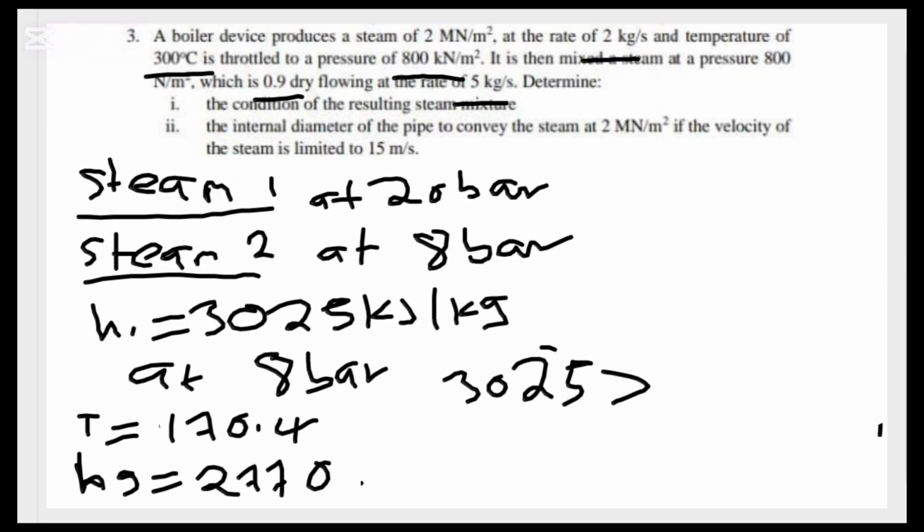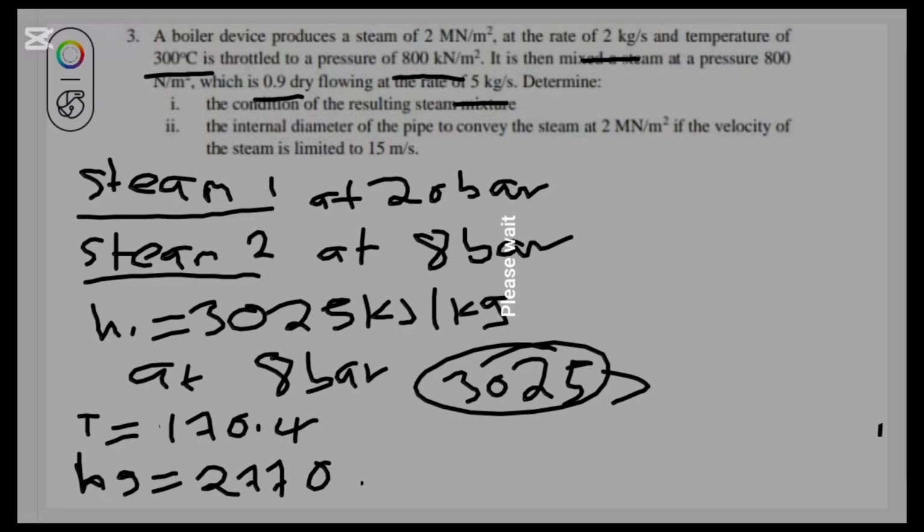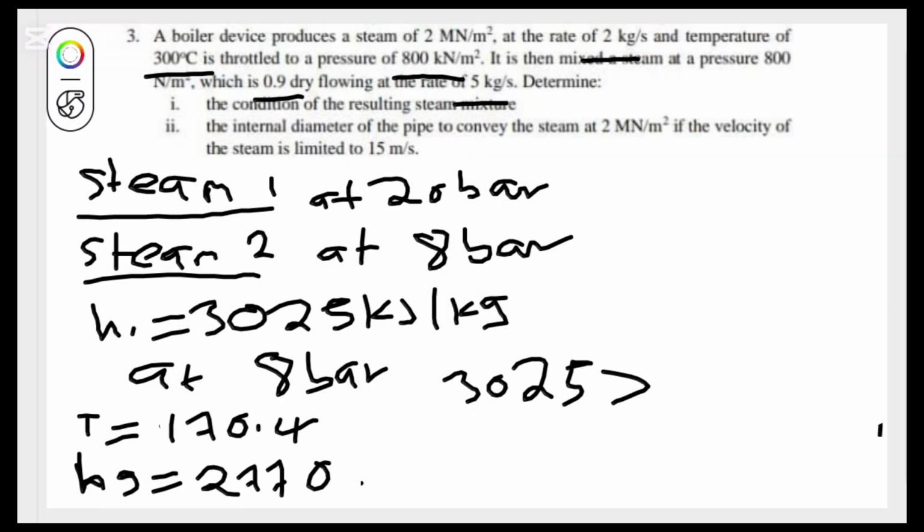So since this H1 is greater than Hg, which is 2770, steam 1 remains superheated after throttling from the superheated steam table at 80 bar, which is the temperature of 300 degrees Celsius. I hope you get it.